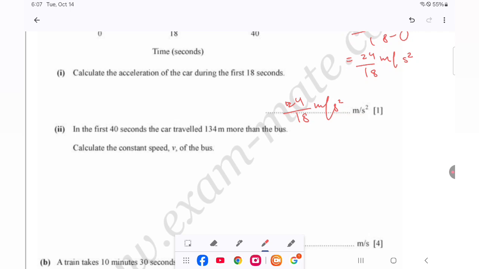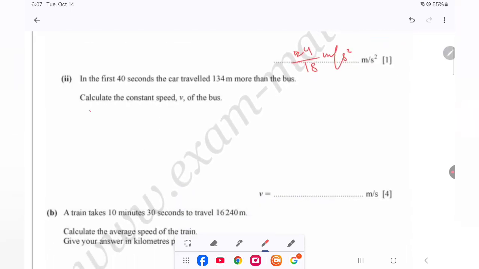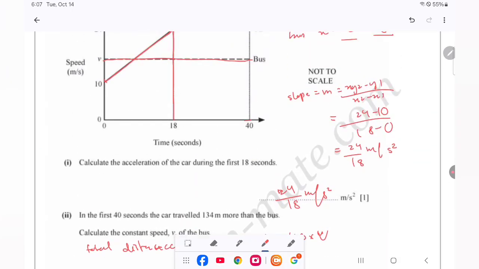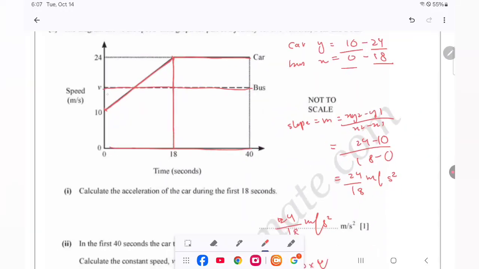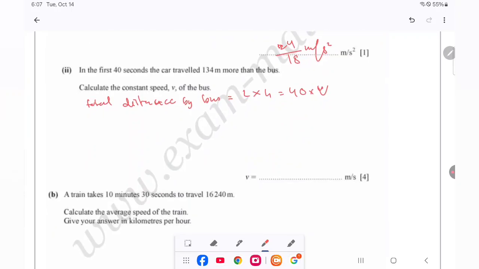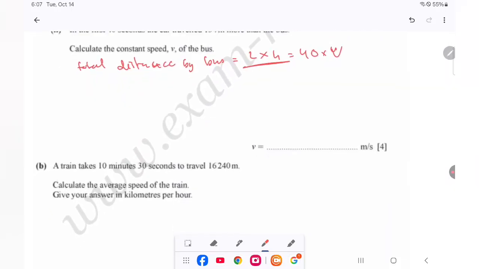Now for the second part, total distance by bus is equal to the area of the rectangle, which is L into H, which is 40 into V. This is our 40, and for the height we don't know the value, so we will only write V. This is the area for the rectangle that we are calculating.